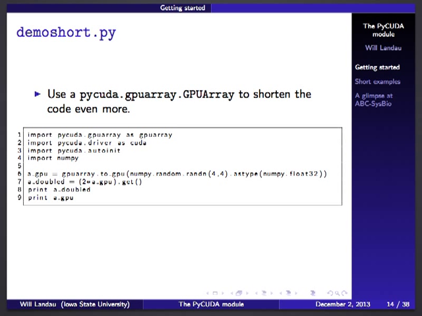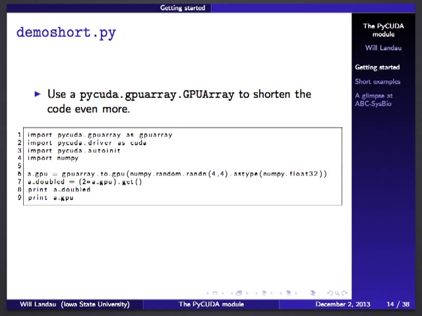Some of them, well, that's for kernels. For this, actually, I'm getting ahead of myself. Oh, maybe I'm not. So what this does is, line 6 creates an object called a GPU array out of a 4x4 array of floats.